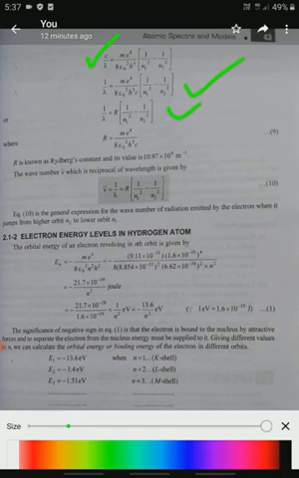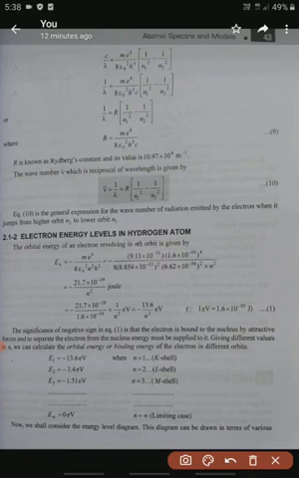Here, the constant m e to the power 4 by 8 epsilon naught square h cube c we call the Rydberg constant. The value of this constant is 10.97 into 10 power 6 per meter.